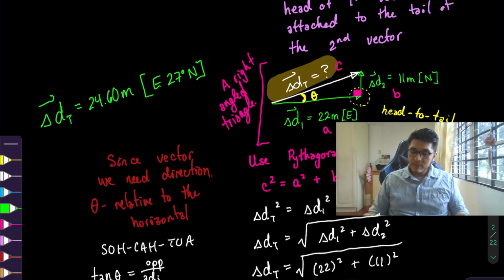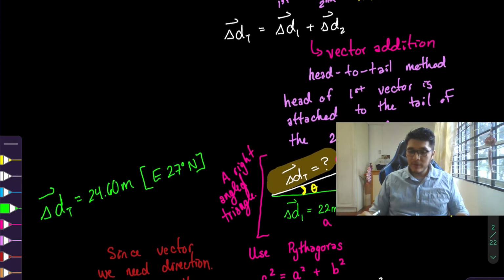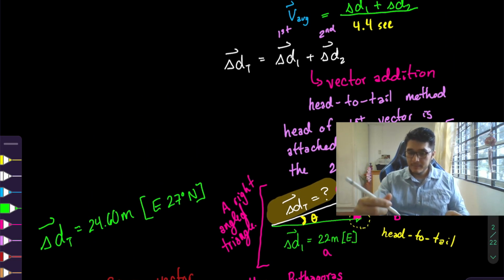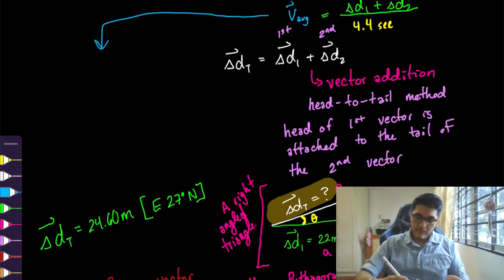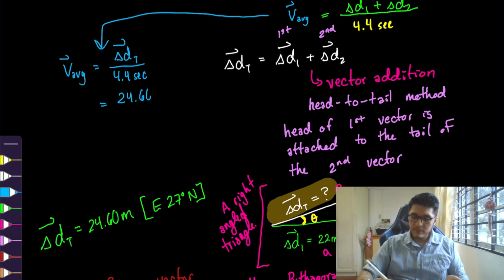Alright, so we're not finished this question because we want to find the average velocity. So to find the average velocity, we said it was the displacement, the total displacement, divided by the total time. And we found the total displacement to be 24.6 meters east, 27 degrees north.